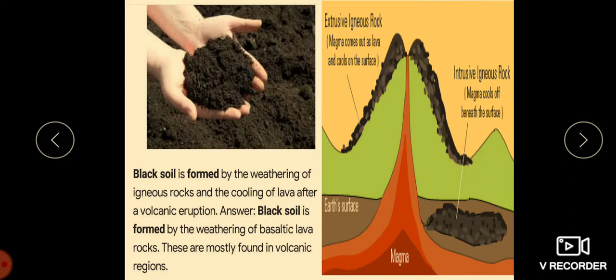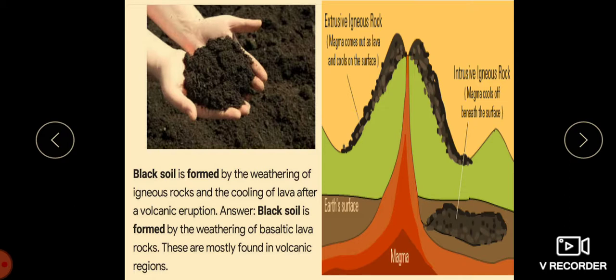Now the question arises, why is the soil black? A question arises in our mind. This soil is black in color mainly because it is formed by the weathering of lava rocks. It has high iron, alumina and magnesia content, and is best suitable for cotton crop production.